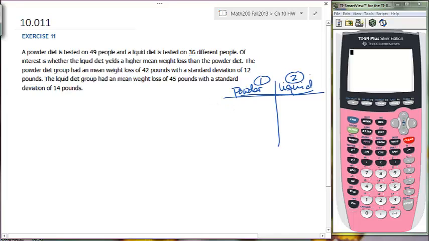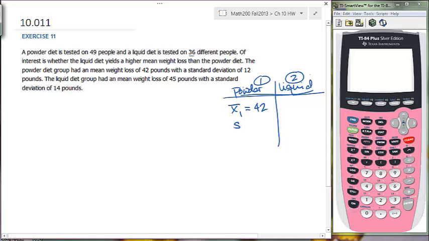So each of these would have a mean given to us. The powder diet had a mean weight loss of 42 pounds. So let's call that x1 bar, the mean for our first sample, and that's 42 pounds. Standard deviation for that same group is 12.